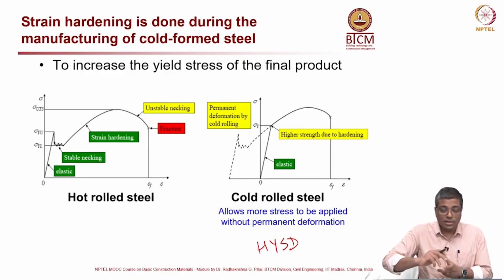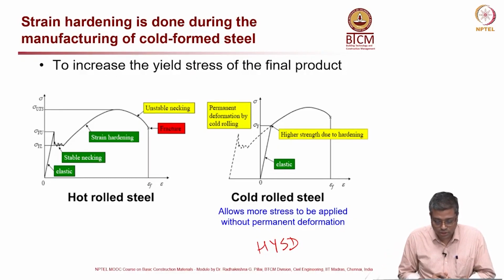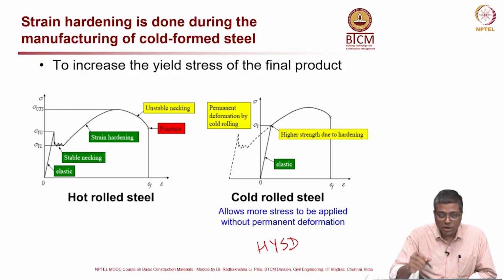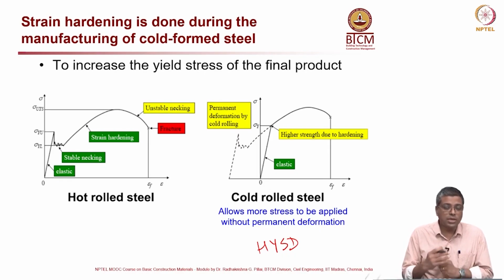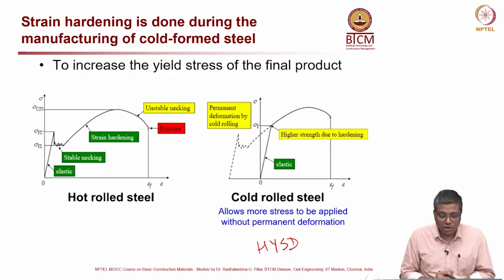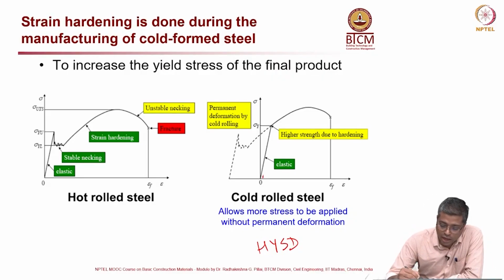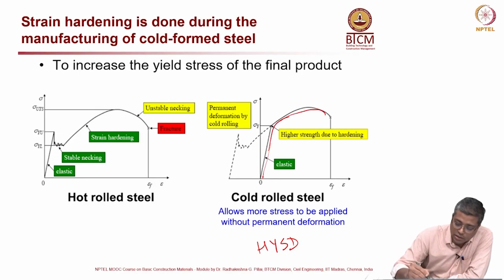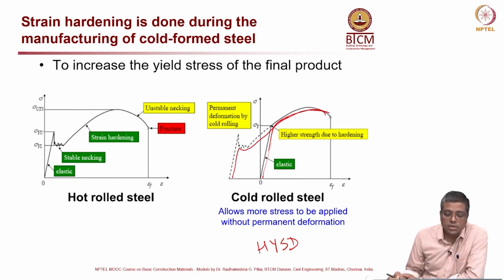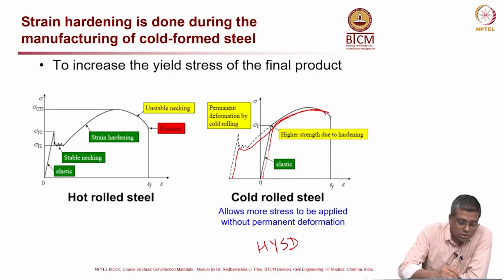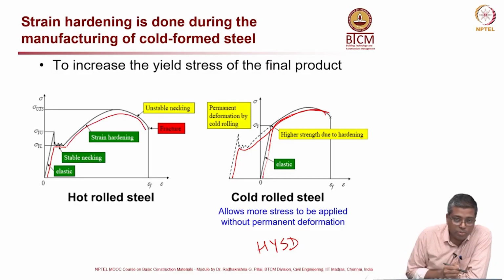They strain hardened the steel or cold rolled the steel when the temperature was below the recrystallization temperature. At that point itself, they strained the steel so that the final steel product will have a curve like this, whereas the original curve is something like this. This is the original curve, the dashed portion on the second sketch. The first sketch shows the elastic region, then stable necking, and then the strain hardening happens.